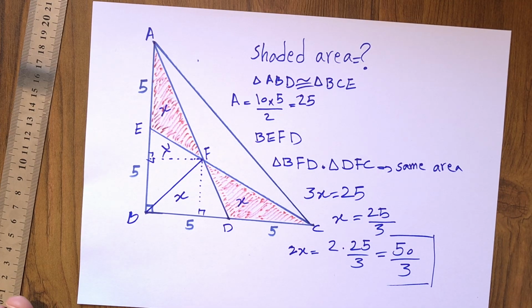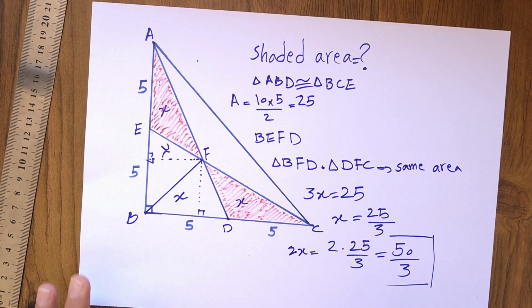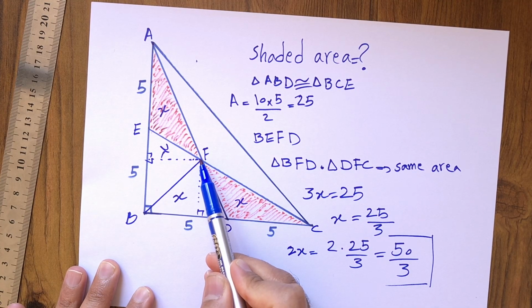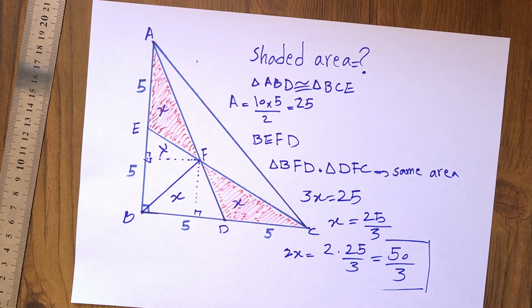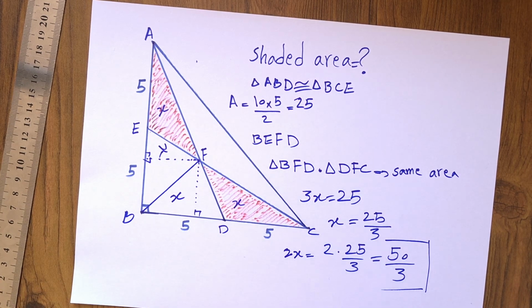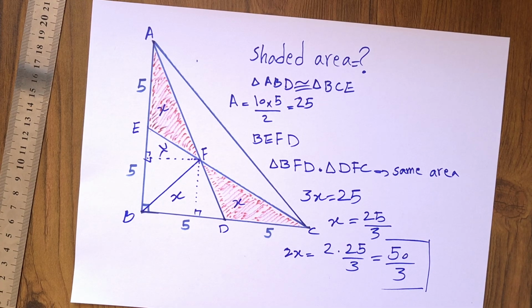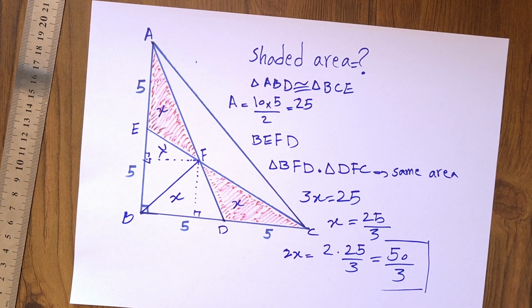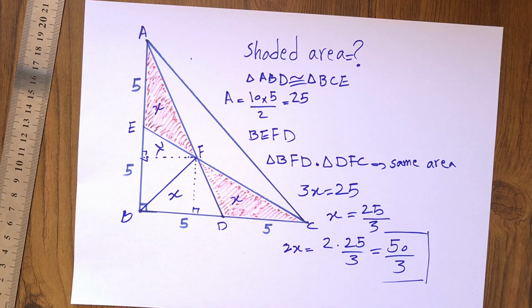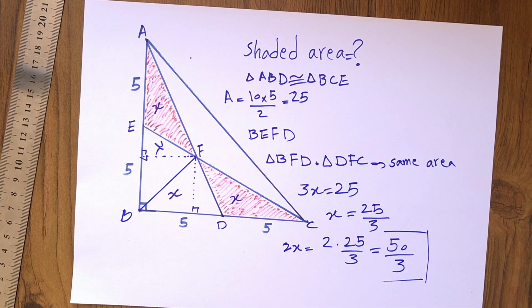That's a little longer, yes, for sure, but it's worth trying. Then you can find the coordinates of the intersection point F, and somehow calculate the areas of each of those triangles. I think that's interesting. I want you to solve it this way and put it in the comments below, or maybe if you can solve it in any other way.